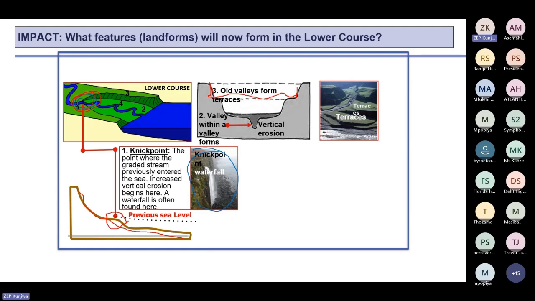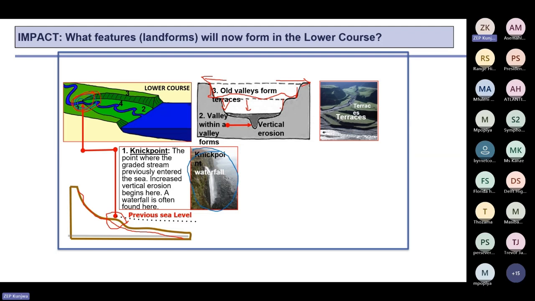So now in the lower course, you have naturally the sideways erosion. And now this is before rejuvenation happens. But after rejuvenation happens, the river is going to start to dig deep, which means it's going to erode vertically. As the river erodes vertically, the channel will become a little bit smaller.